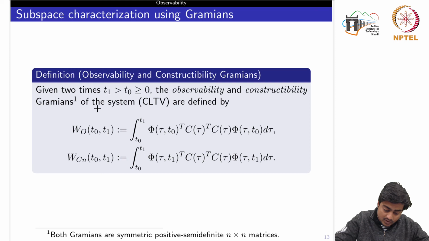Given two times T1 greater than T0, the observability and constructibility gramians of the system are defined by this WO and WCN over T0 to T1. Here phi is the state transition matrix, C is the output matrix. Both gramians here are symmetric positive semi-definite square matrices of dimension n.